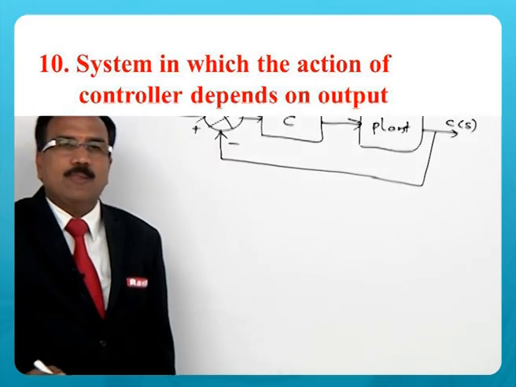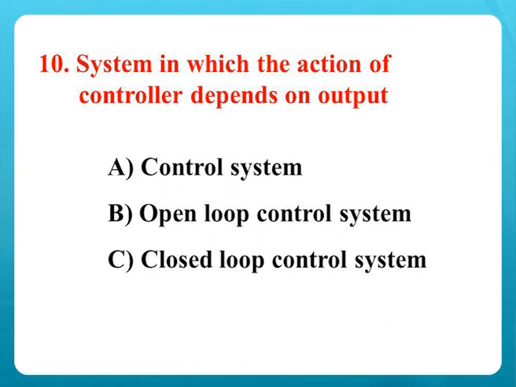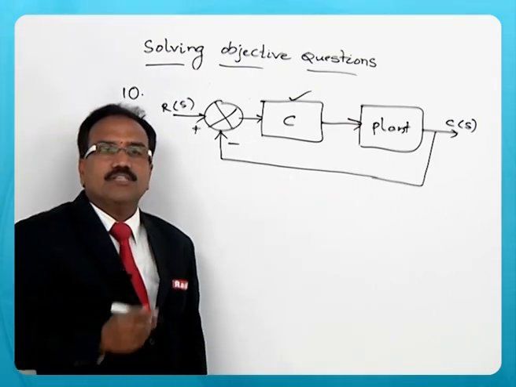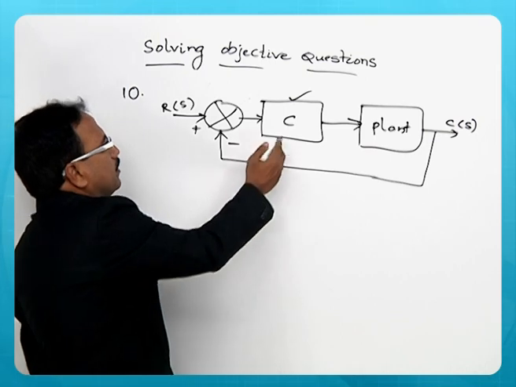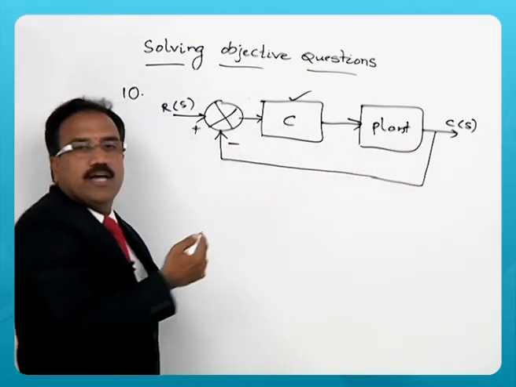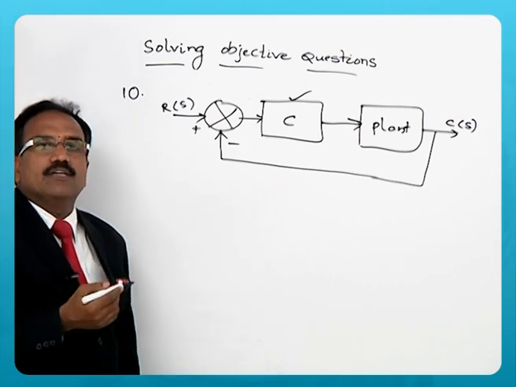Question number 10, system in which the action of the controller depends on output. There is a controller even here also, but the action of this controller depends on both input as well as output, that is taken as feedback for reference.